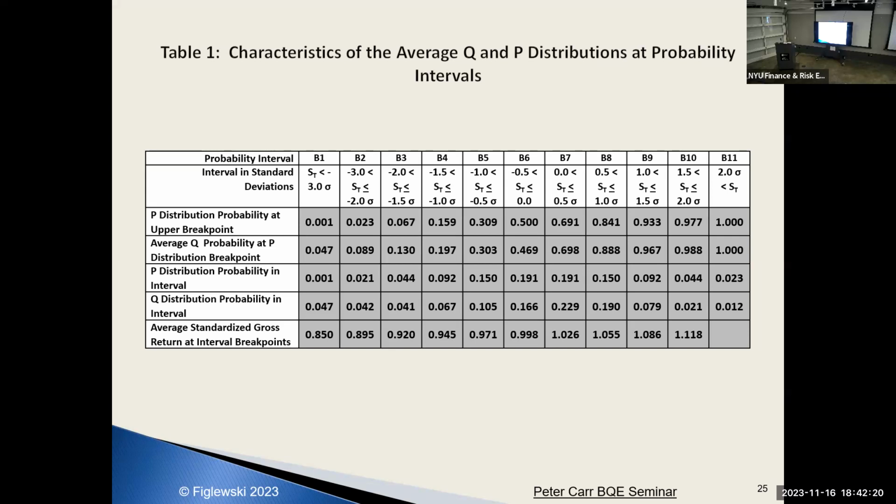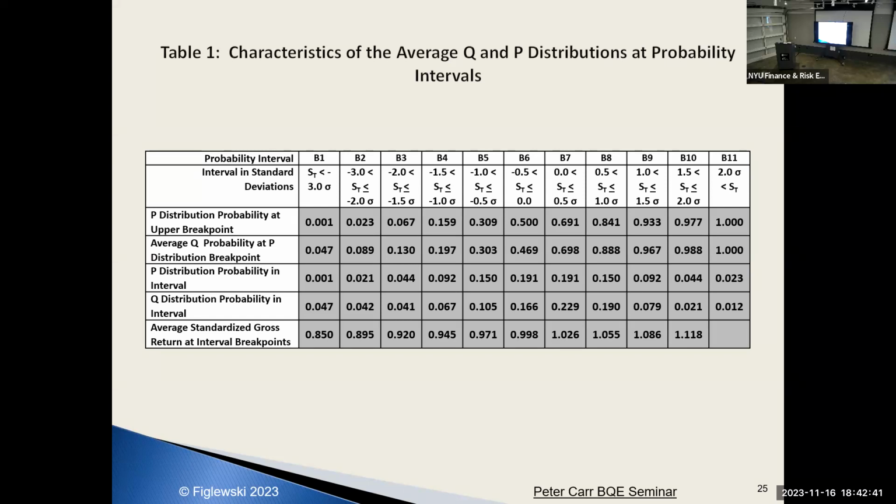Or -2. So we can compare how the two distributions look at that level. And here, those are the values at these breakpoints, and these two rows are the probabilities within those buckets.